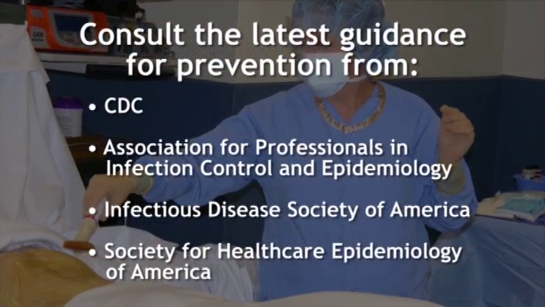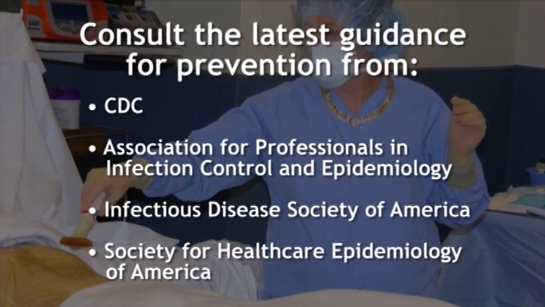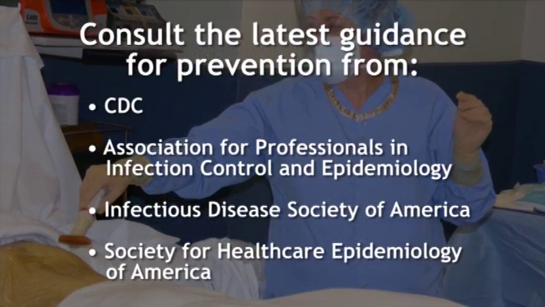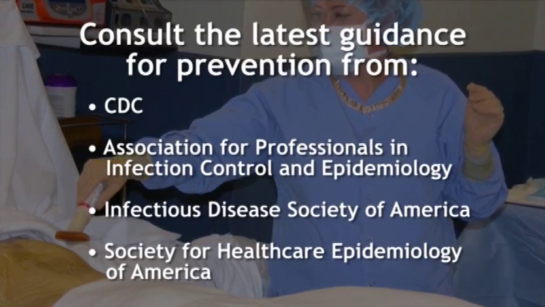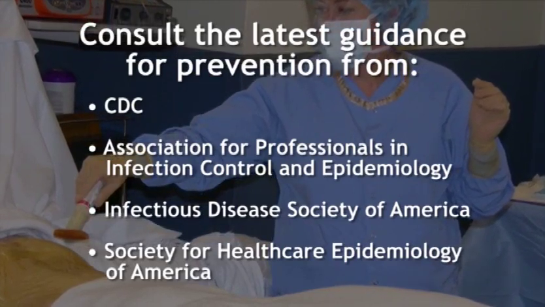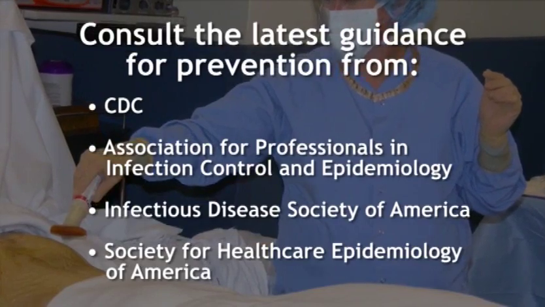Perioperative nurses should carefully consult the latest guidance for prevention from the CDC, Association for Professionals in Infection Control and Epidemiology, the Infectious Disease Society of America, and the Society for Healthcare Epidemiology of America.